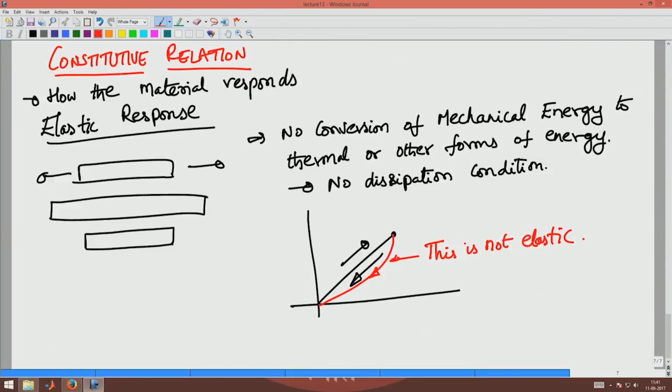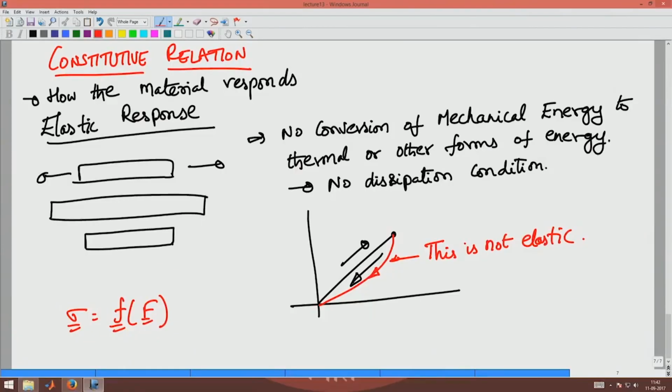Now, we will be interested only in this elastic response of the body, and hence we will relate the stress directly as a function of the deformation gradient F. Since we are interested in only elastic response, we will say that the stress is a function of the deformation gradient F. Now there are certain requirements of this constitutive relation.